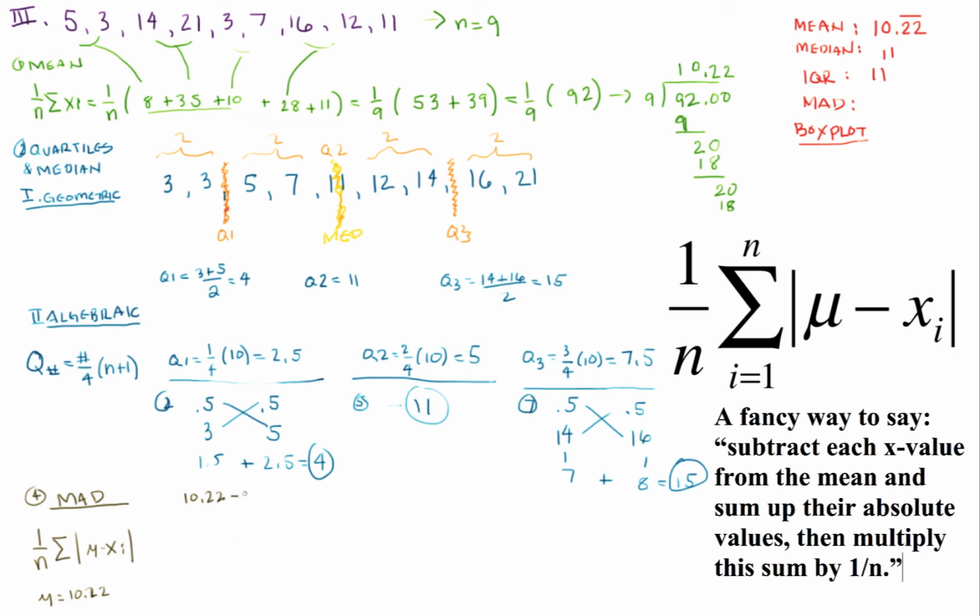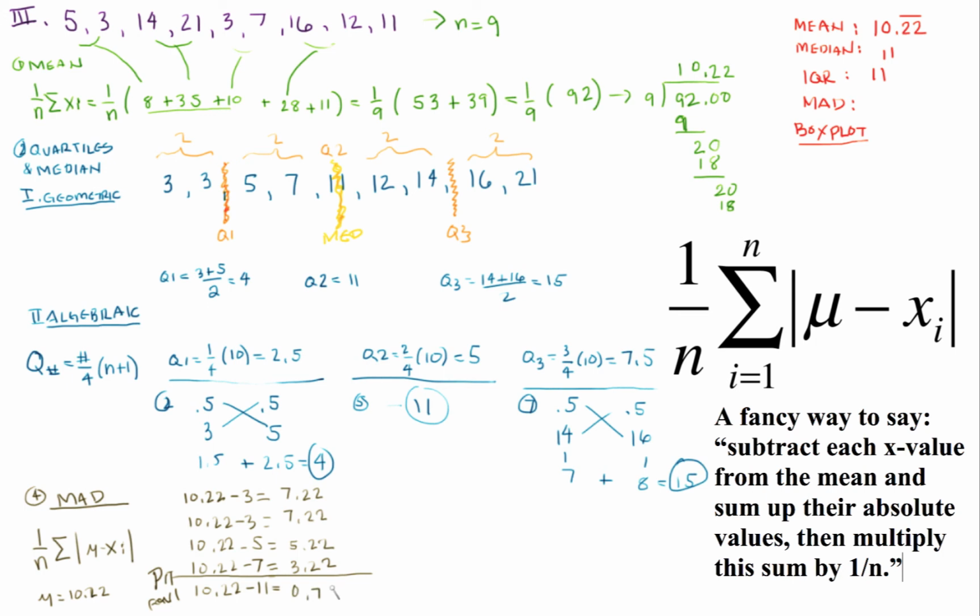So let's write up our sums. 10.22 minus 3, 10.22 minus 3, 10.22 minus 5, 10.22 minus 7, 10.22 minus 11 equals 7.22, 7.22, 5.22, 3.22.